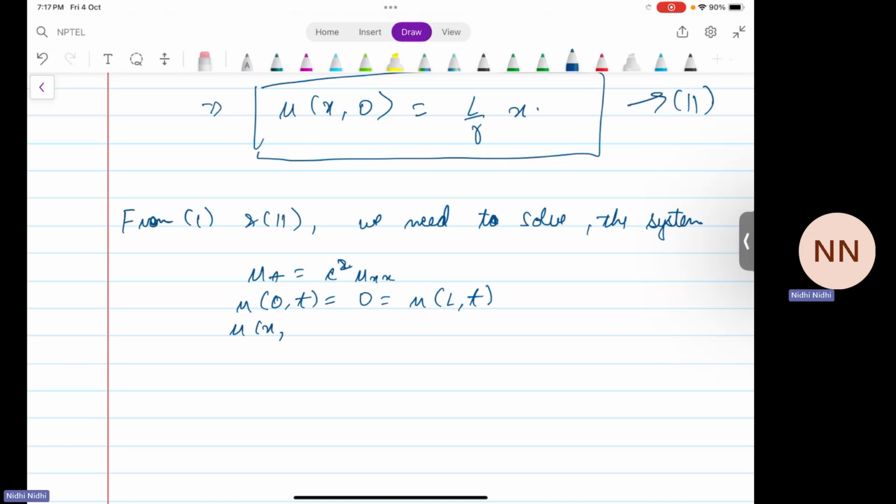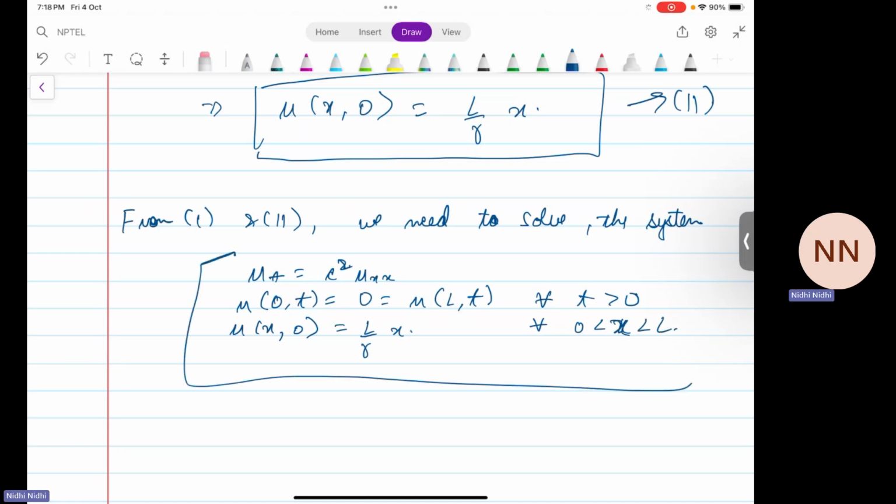So what was the scenario after that? At time t equals 0, whatever it was in the earlier stage, u(x,0) will be same as whatever it was earlier, u(x), which is basically gamma by L times x. At the end points we are maintaining temperature 0, so we need to solve this for every t positive, and this is for every x between 0 and L.